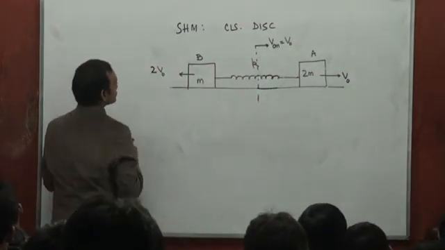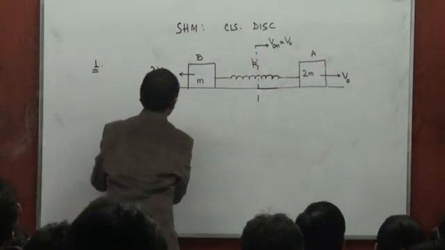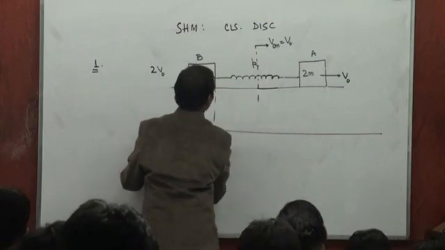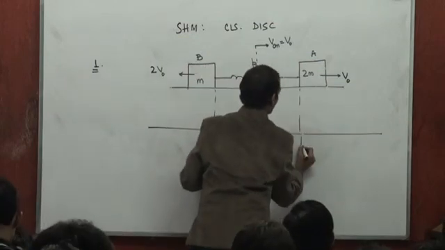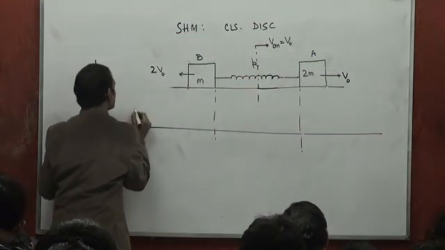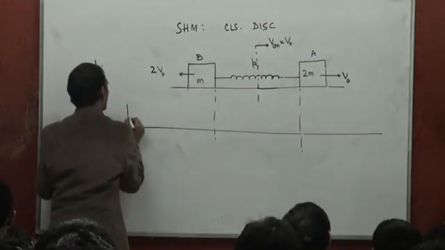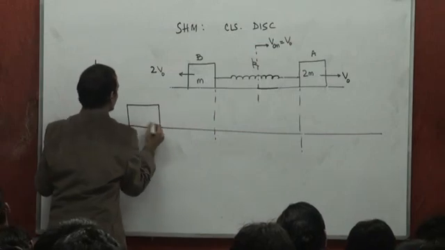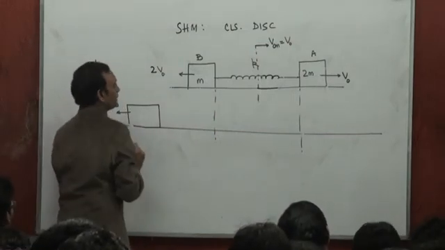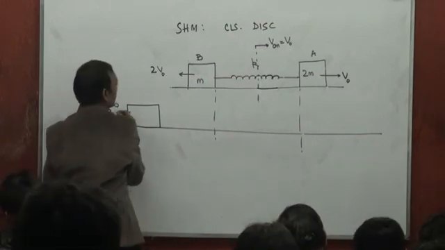Now, so in the center of mass frame, the velocity of this will become 0, right? Vb at the extremity.